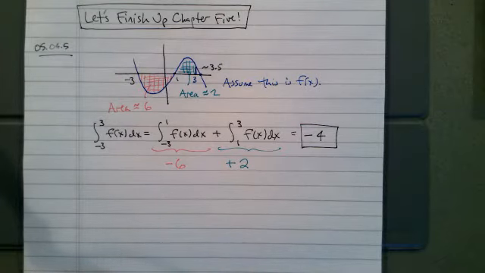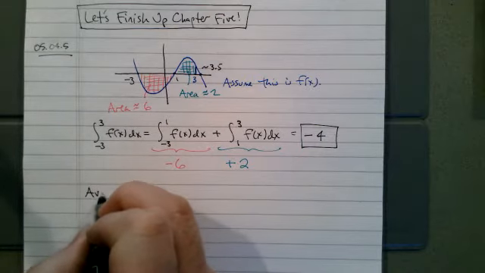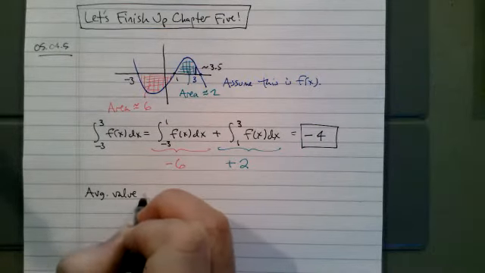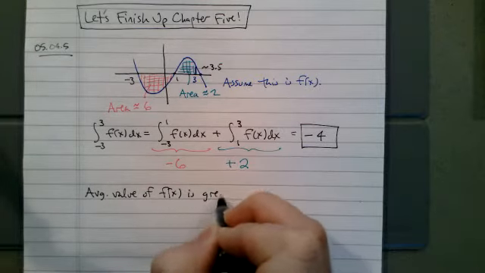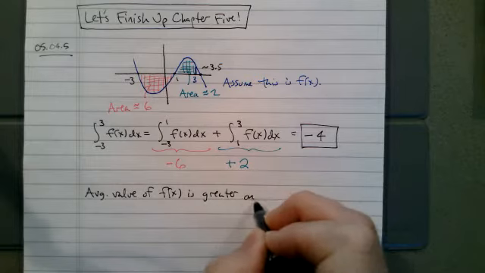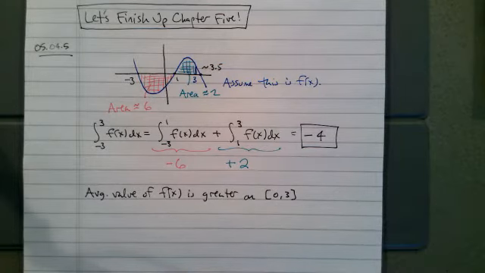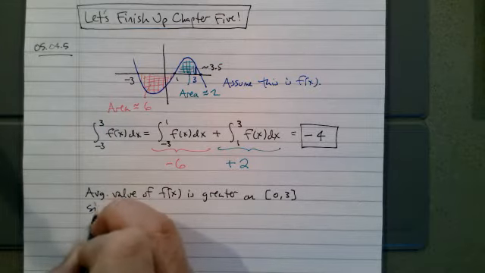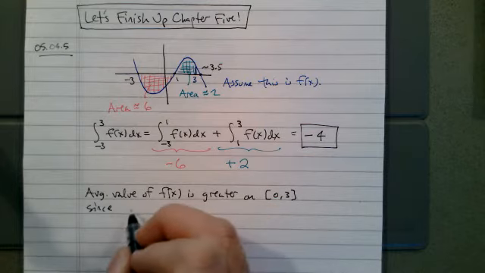So the average value of f of x is greater on the interval from 0 to 3, since f of x is positive.